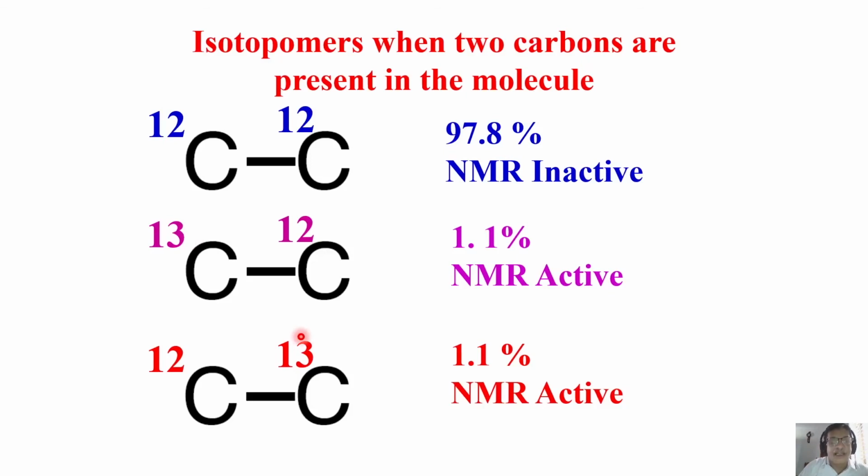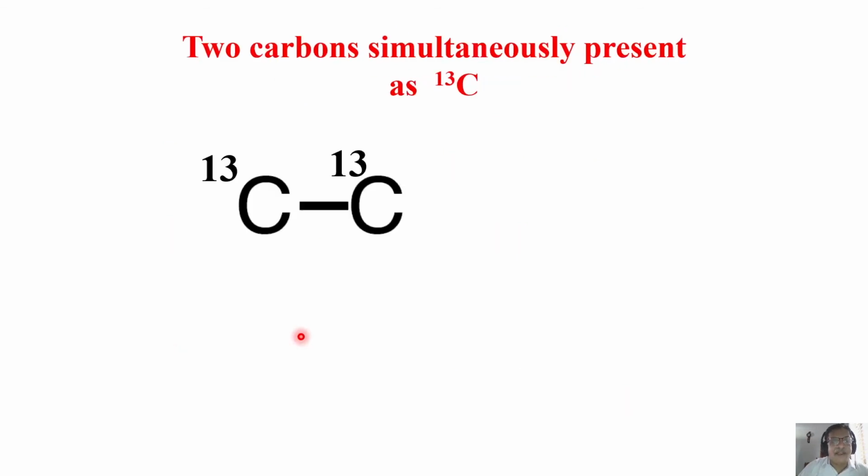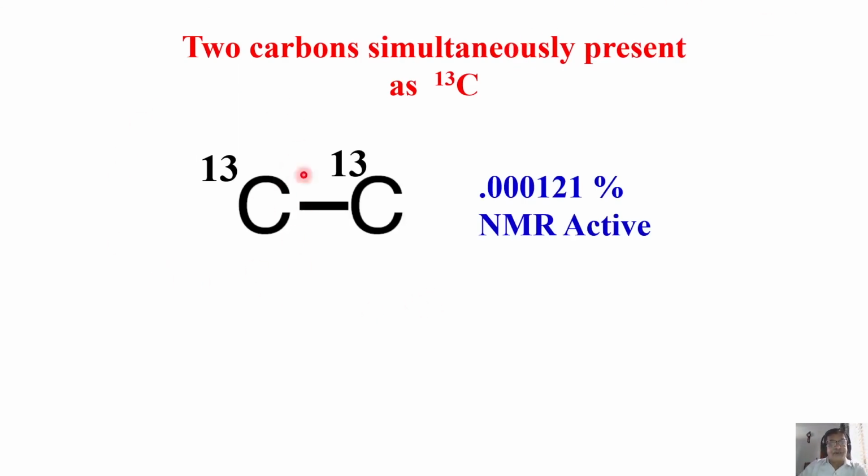You may ask me a question. What is the other probability when both are carbon 13? Sure, both are NMR active. Now, what is the abundance of this? This is 1%, 1 in 100. This is 1 in 100. Together, the joint probability is always a product. 1 over 100 into 1 over 100, 1 over 10,000.